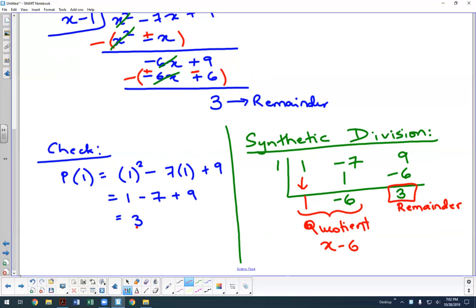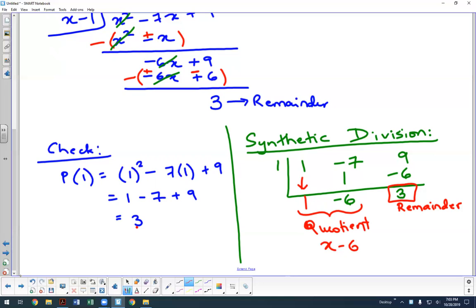So like I said, you don't have to think about, oh, I'm doing long division, which means I need to make sure I'm subtracting my terms, right? It's just bring the first term down, multiply, 1 times 1 gives us 1, add, negative 7 plus 1 gives us negative 6, go back to multiply, which gives me negative 6, and add again, gives you the 3. So multiply and add, multiply and add. The only exception is that first number, we always bring it down.